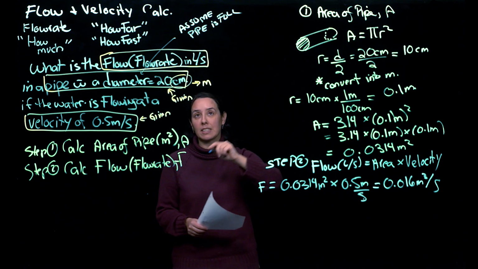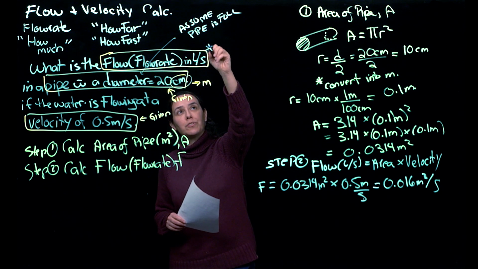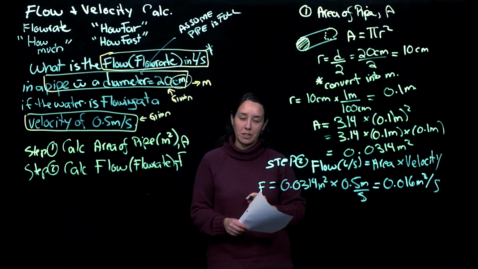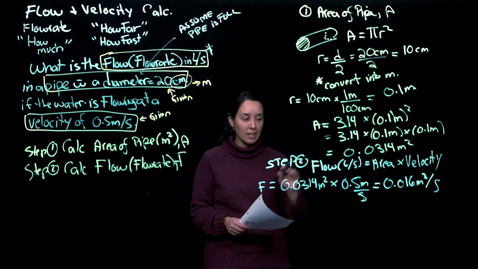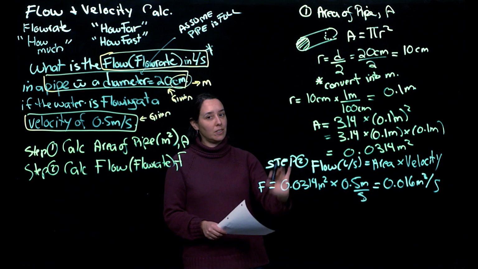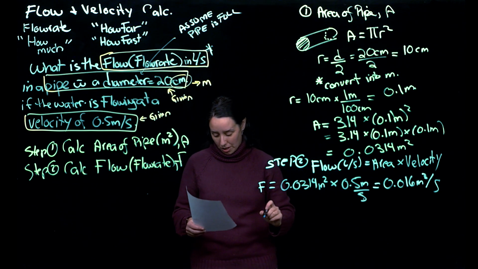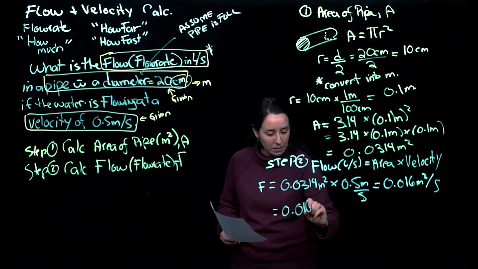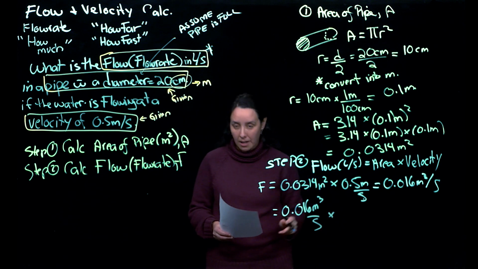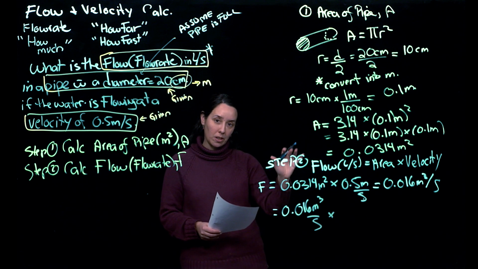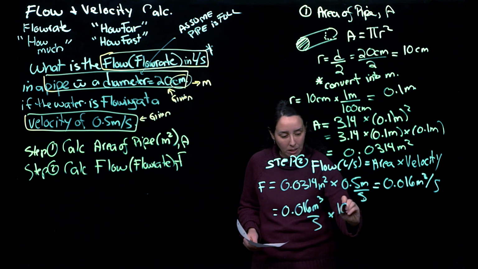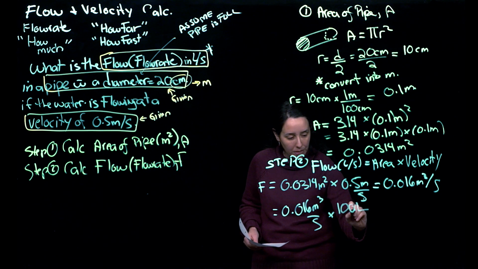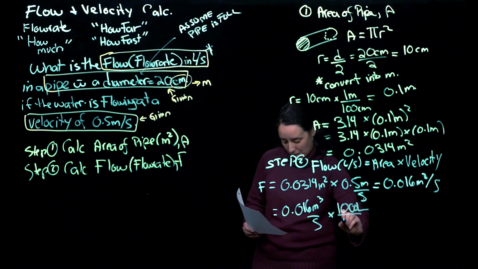But remember what the question said. It wants to be frustrating and have you convert it into liters per second. So we're almost done. We just have to do one last conversion step. We take this value of 0.016 meters cubed per second and multiply it by our conversion factor: for every meter cubed, there are 1,000 liters.